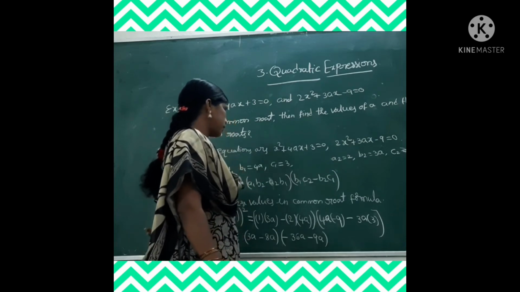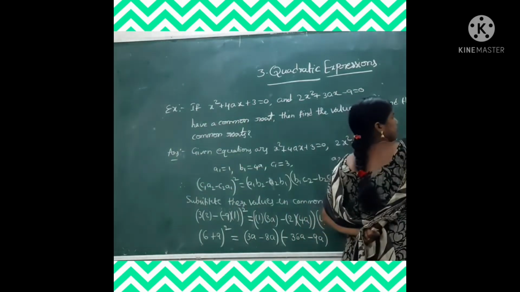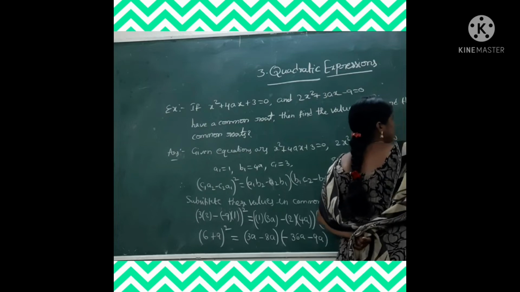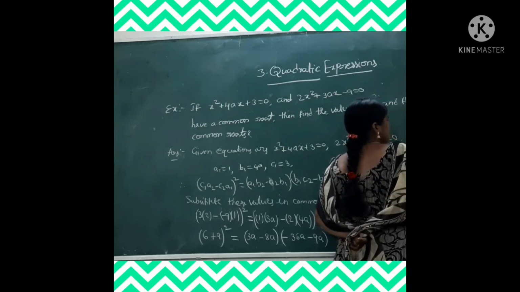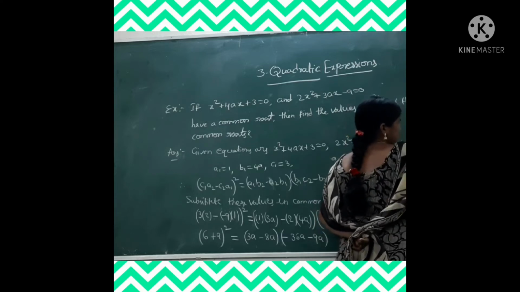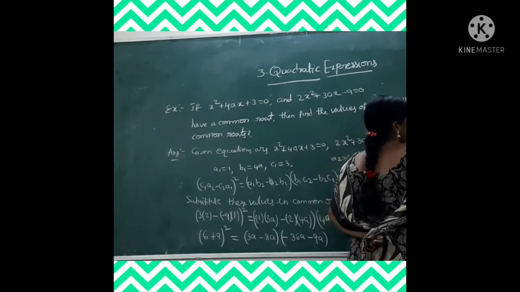Minus 36 minus 9 means minus 45. Okay, now here 15 square is 225, and here again minus and minus plus, and 45 is again 225.